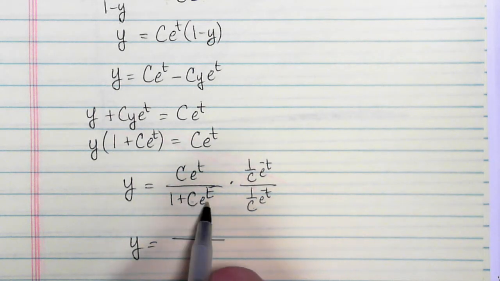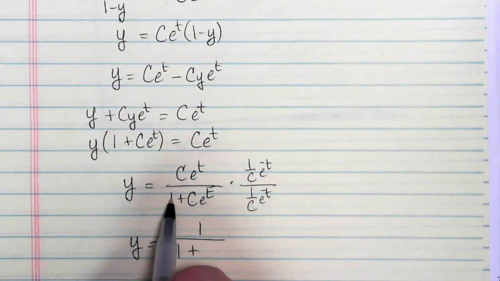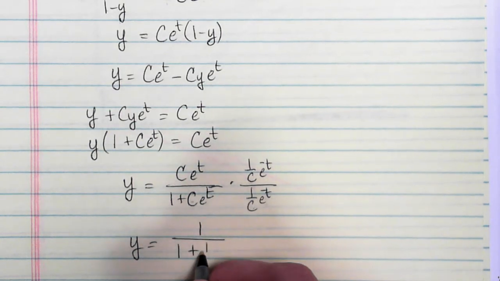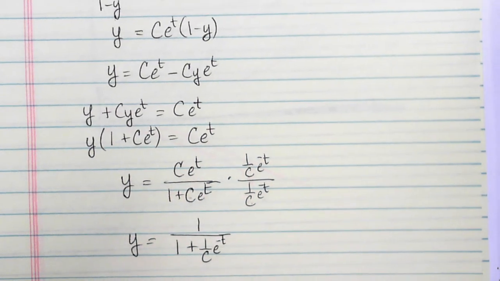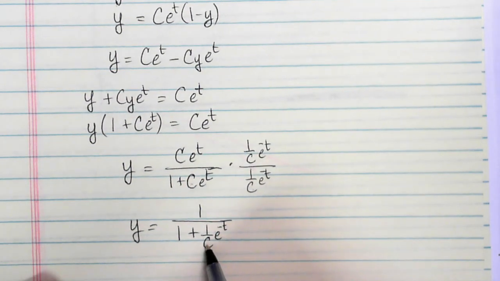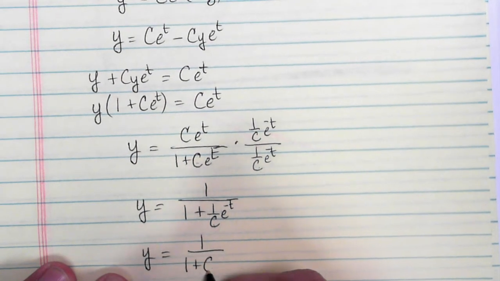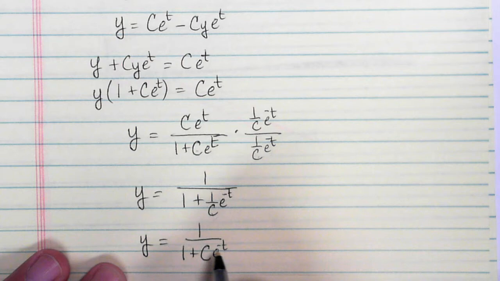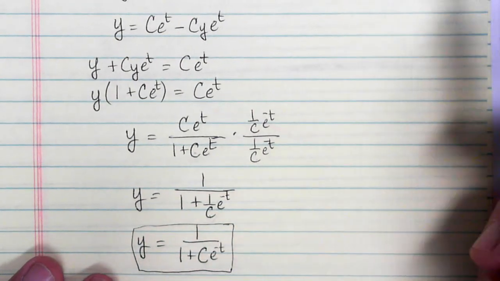Likewise, here the c's cancel, e to the t times e to the minus t is 1. Then the second part is 1 times this, so 1 over c e to the minus t. So I have 1 over an arbitrary constant, which becomes an arbitrary constant. So 1 over 1 plus c e to the minus t. So there is my solution by integration.